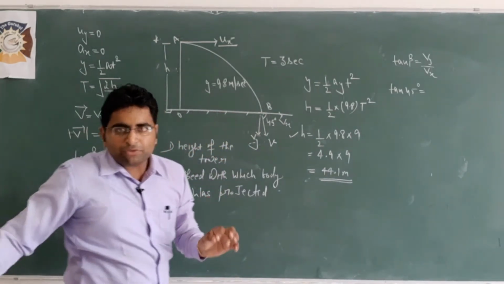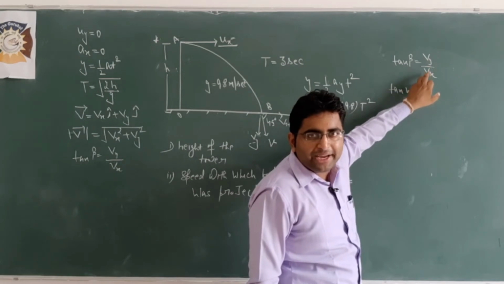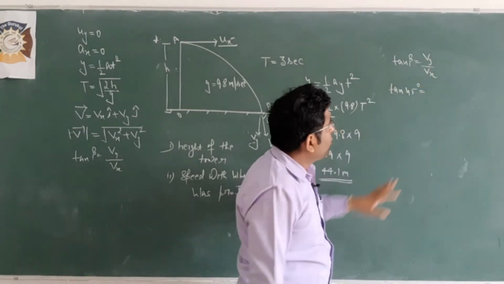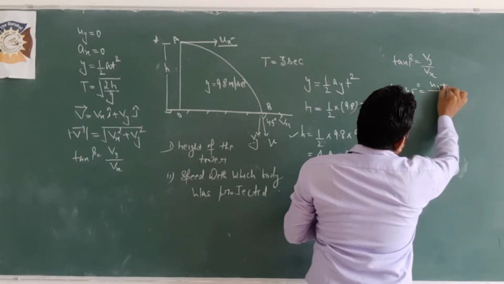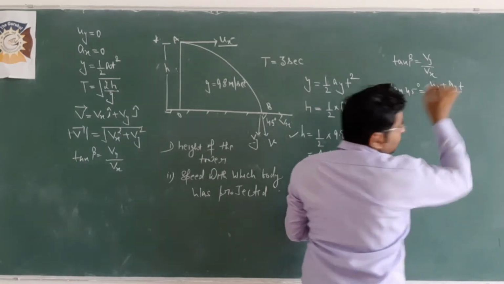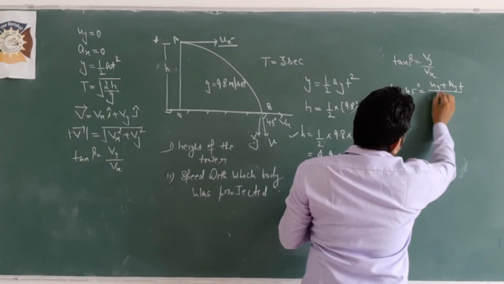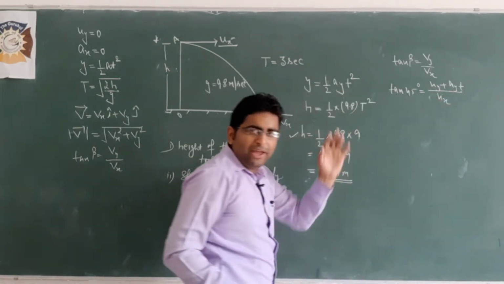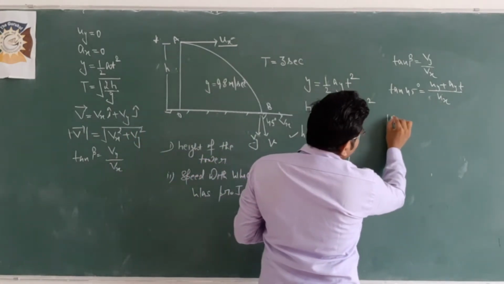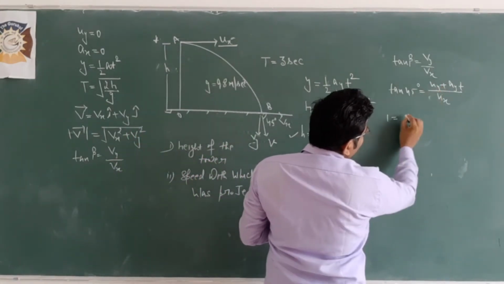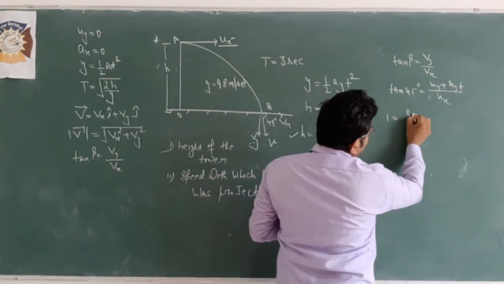So what we have to do in this question is calculate the values of Vy and Vx. Vy is Uy plus Ay into t, divided by Vx, which is equal to Ux. We have done this in the earlier classes. So beta, tan 45 is 1, Uy value is 0, Ay again equal to g, that is 9.8.